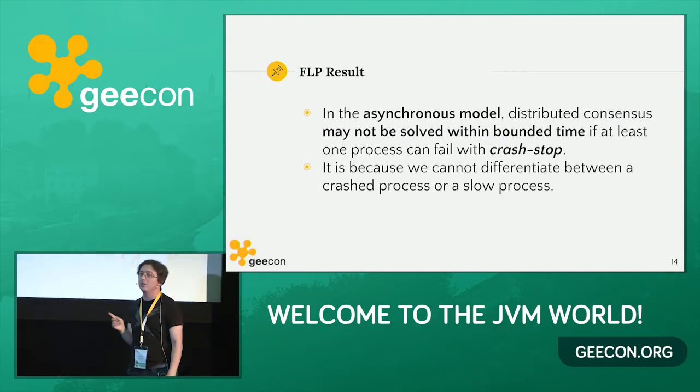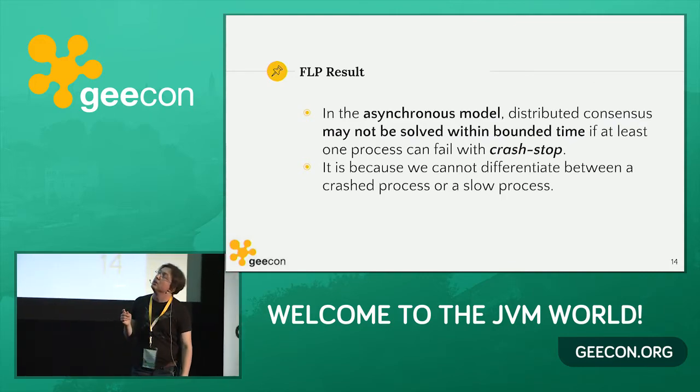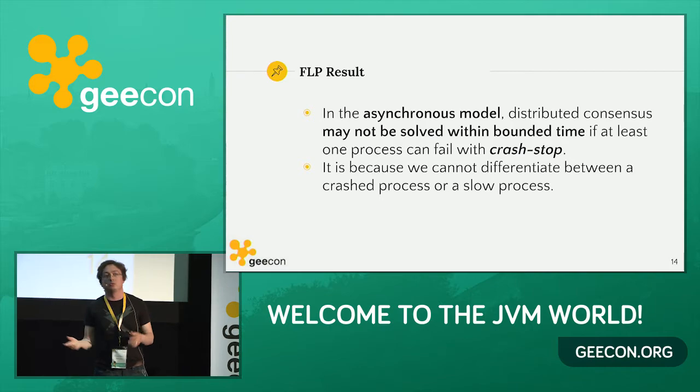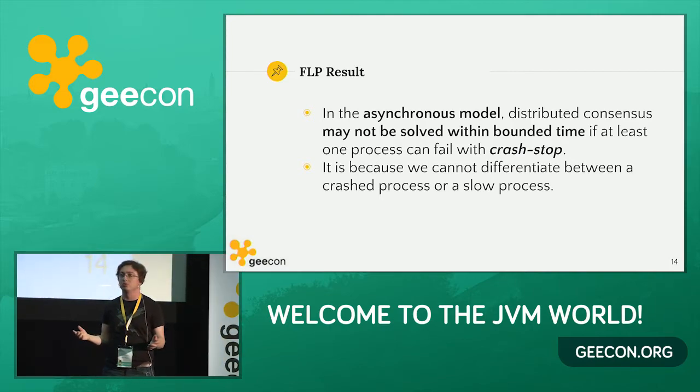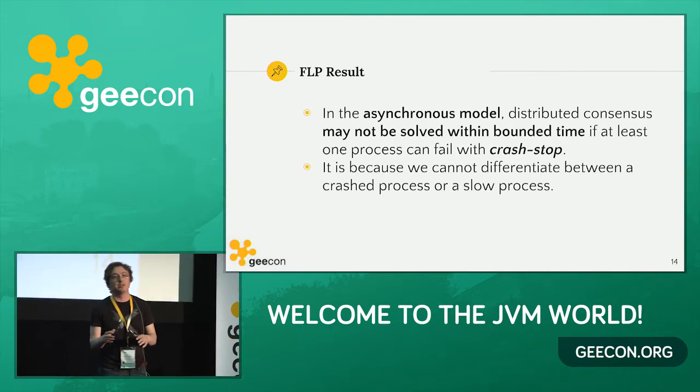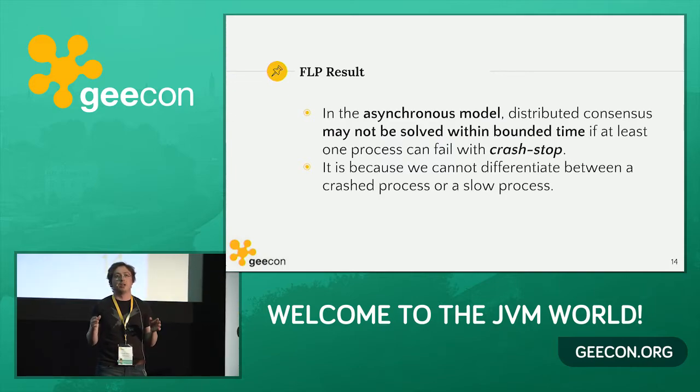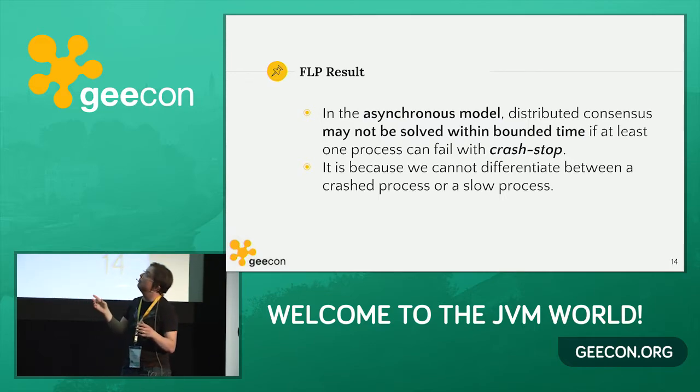So the FLP result says that if the system works in the asynchronous mode, you may not achieve distributed consensus within bounded time if at least one of your processes fails by crash stop. And it is because in the asynchronous mode, we cannot distinguish between a crashed process and a slow process.